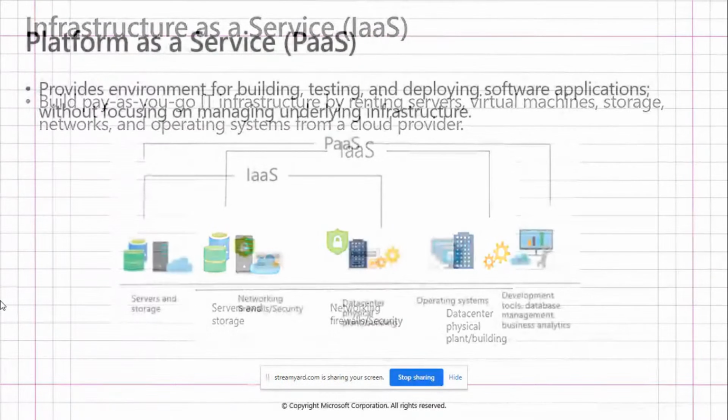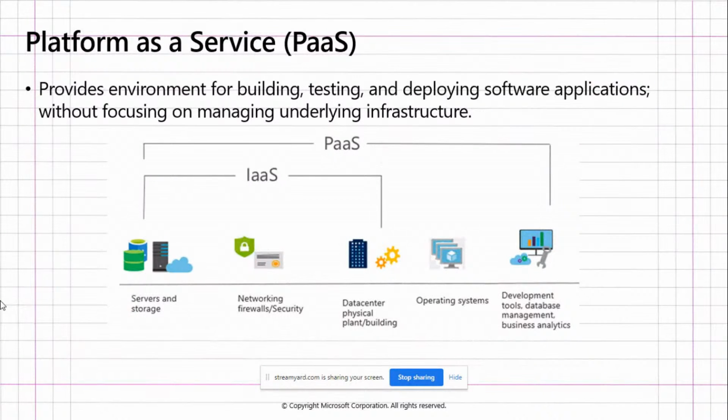The next one is platform as a service. Platform as a service provides an environment for building, testing, and deploying software applications without focusing on managing the underlying infrastructure. Like what you see here, we may have those things as in infrastructure as a service, right?